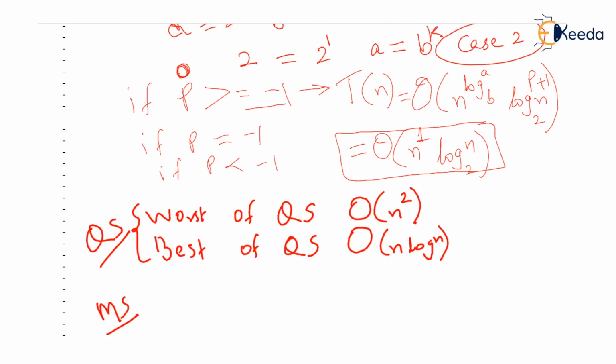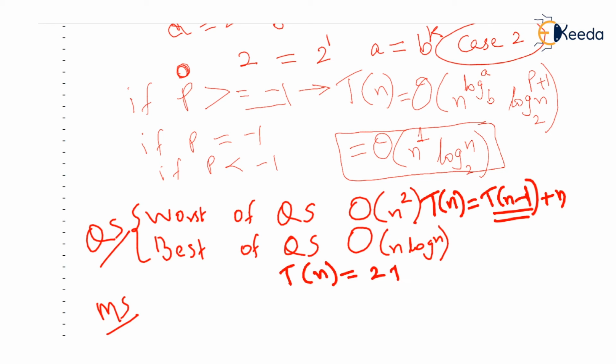You recall that in the worst case, quicksort had a recurrence relation T(n) equal to T(n minus 1) plus T(n minus 1) plus n, isn't it? Because the data size was reduced only by 1. And in the best case, quicksort had a recurrence relation T(n) equal to 2T(n by 2) plus n, because we are assuming that the partition is always divided into two equal halves.